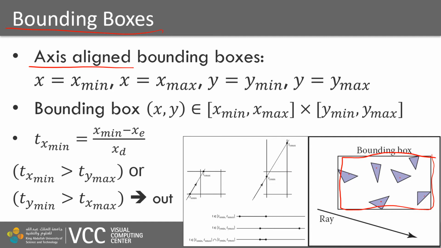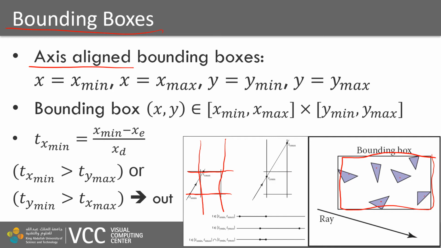So we can define our bounding box by two parallel sets of lines: one set of lines in the horizontal direction, and another set of lines in the vertical direction.